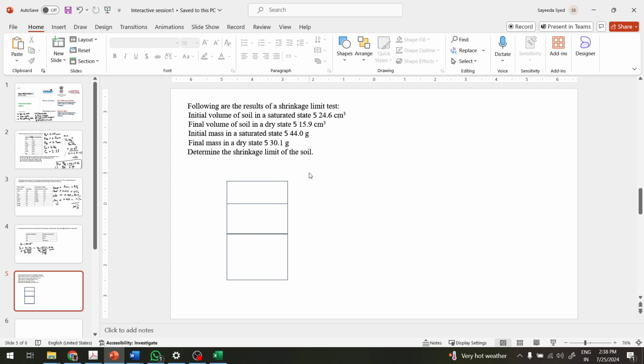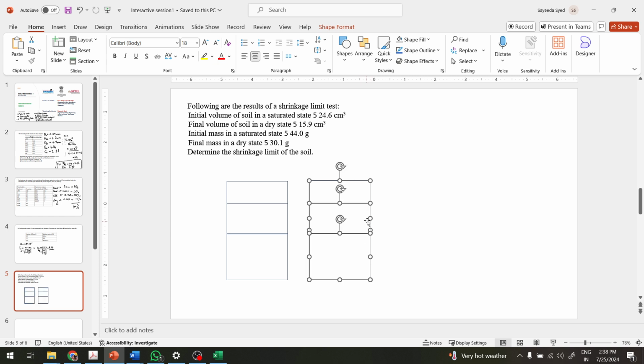And when we dry this, the volume of solids will remain the same, but the volume of water will be removed.